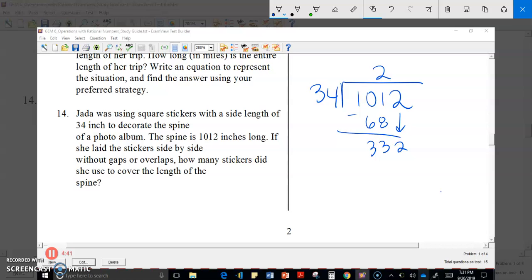Yeah, because if I did times 10 it's too big. Which is 306. 332 minus 306 is 26. Now, if I keep going, I'm going to end up with a decimal. So that tells me I'm going to need about 30 stickers to cover the length of the spine.